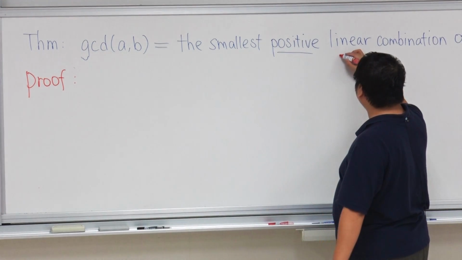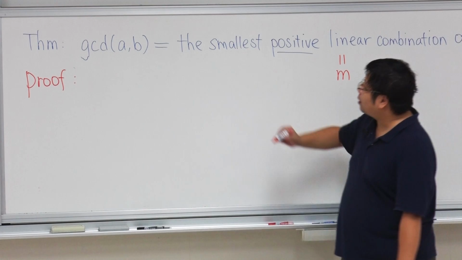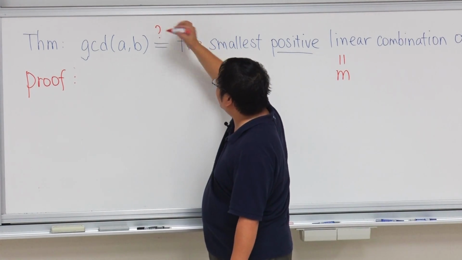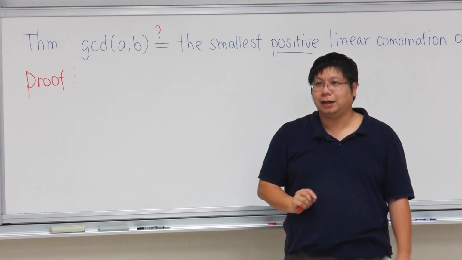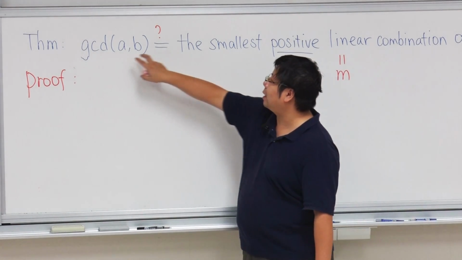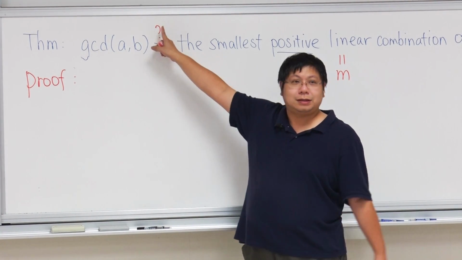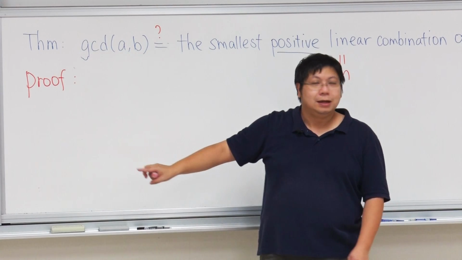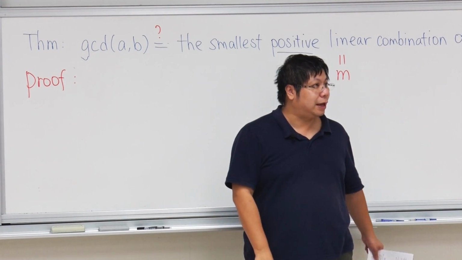So first of all, we call this part equal to M. We don't know whether this is correct or wrong. M represents the smallest positive linear combination of A and B. And we don't know whether these two are equal; the proof will establish that. So this is still a question mark before we prove it. So we want to show that M is really equal to the GCD of A and B.